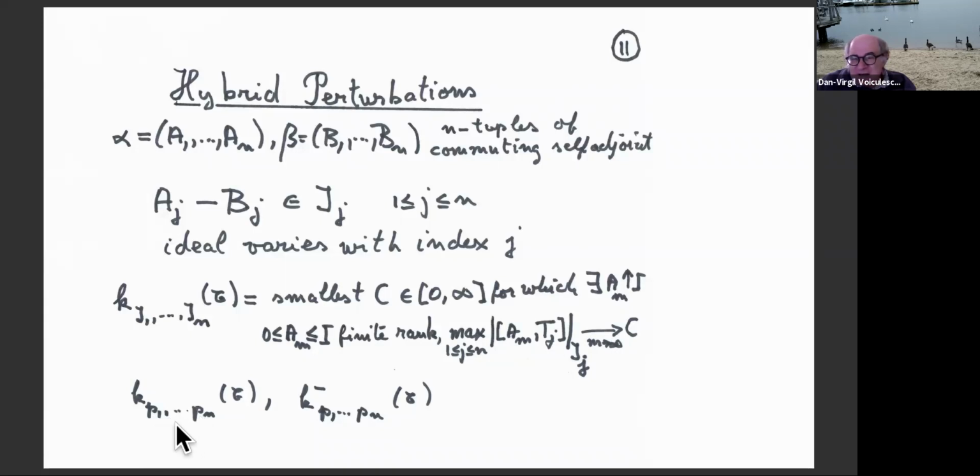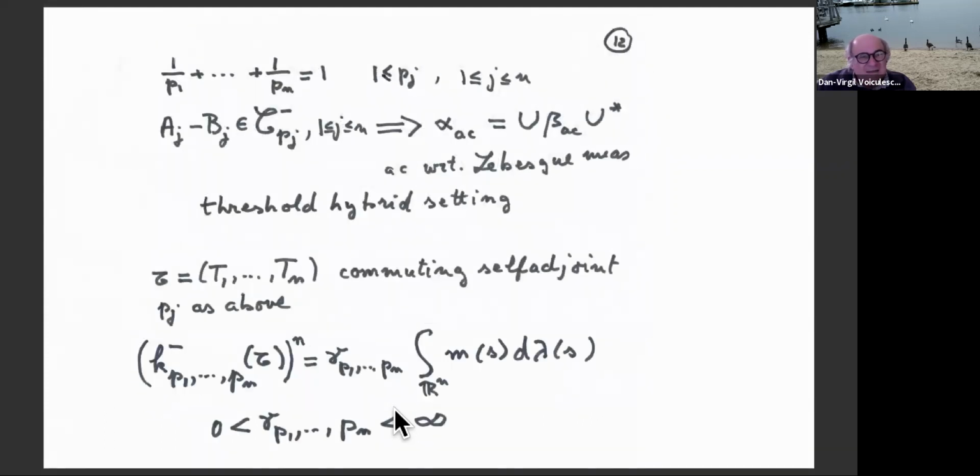If I take Schatten classes, I denote this number K_{p_1,...,p_n} of tau. Otherwise, I denote it K minus P_1,...,P_n of tau if I am taking these C minus P ideals.